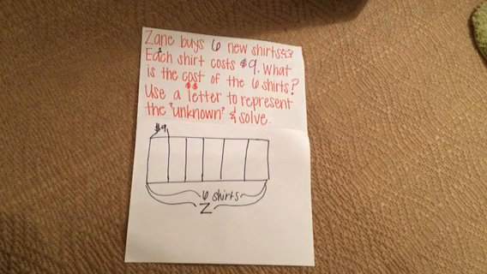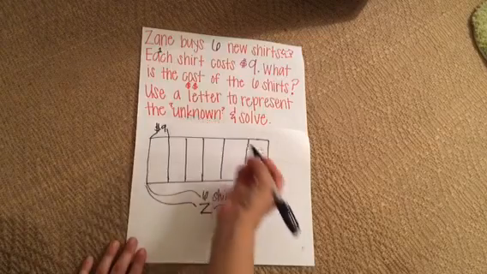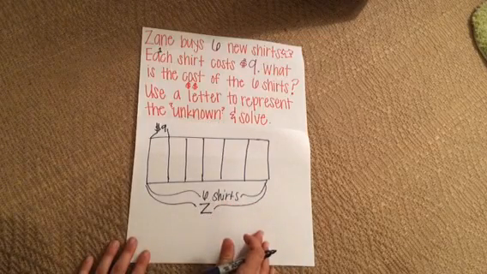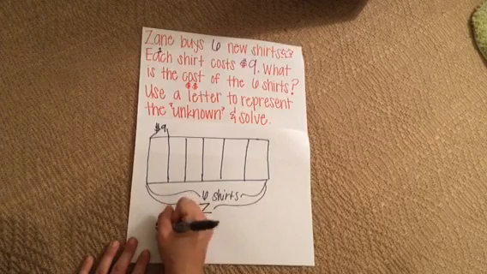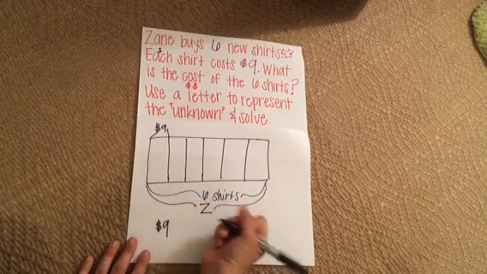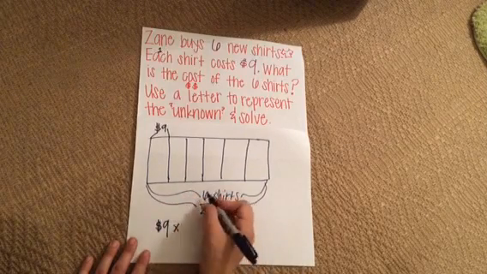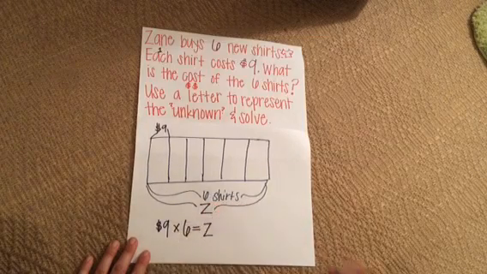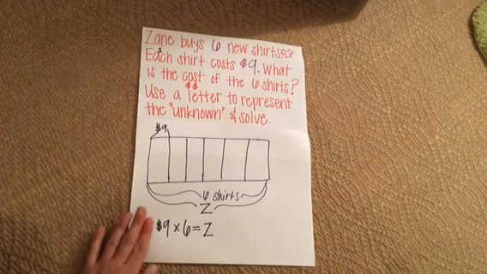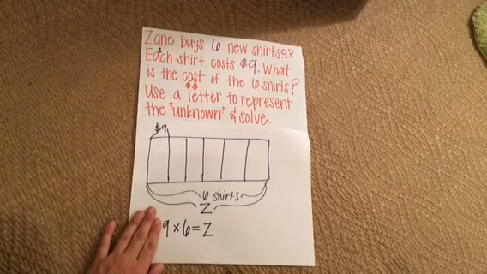Now we need to write an equation and solve. So we know that there are $9 for each shirt times 6 shirts equals Z. And let's just ignore that dollar sign for a second. So what we have here is 9 times 6 equals Z, the unknown.